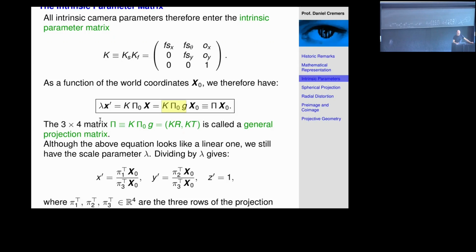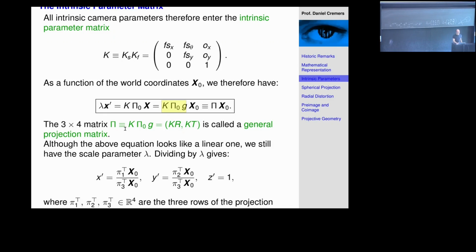This 3 by 4 matrix here, it says pi, there it is. And this is called the general projection matrix. Sounds very bombastic, but it's just because that includes both the extrinsic and the intrinsic parameters of your camera in one projection matrix. And so that's all there is really, how to get from a world coordinate vector to pixel coordinates in my camera.